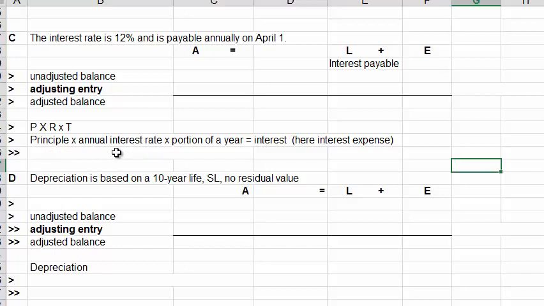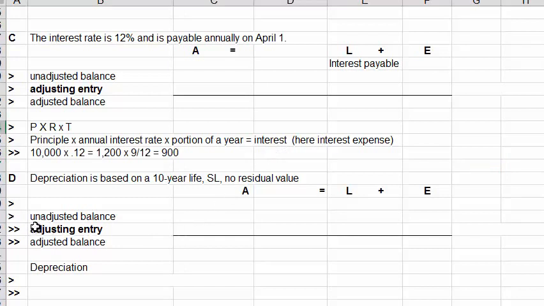So you then need to multiply that times a portion of a year to prorate for a shorter period. Principal times rate times time will give you interest. In this case, it's going to be interest expense for the period of April through December 31st. So try to do the math on your own, and we'll check it here in a minute.